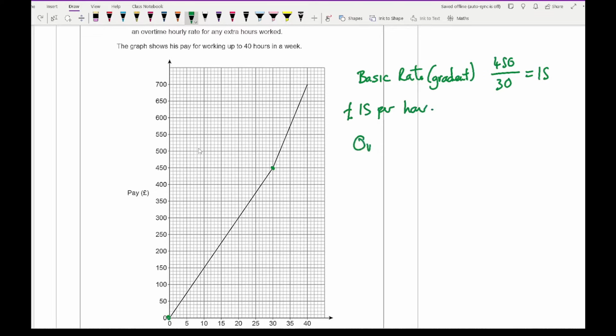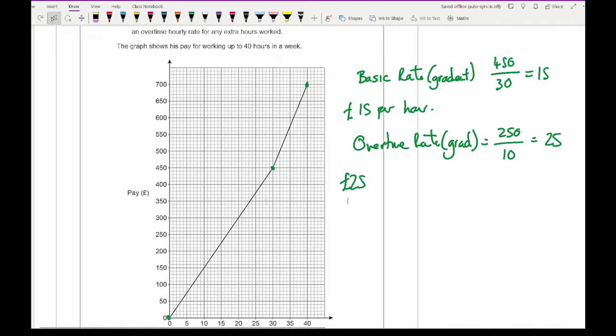And the overtime rate, and the gradient, is going to be, so looking at this, it's 700 to 450, so that's going to be 250, and that's divided by 10 hours, so that's going to give me 25.